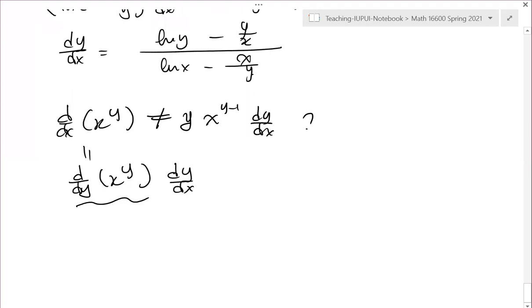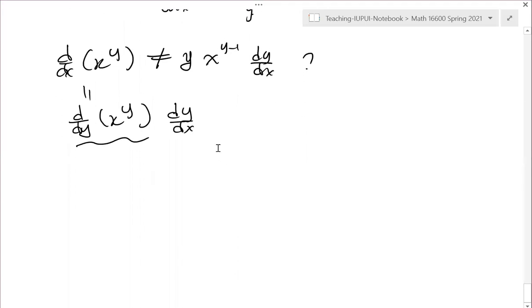So every step you go, you have to think about what algebraic rule you can use. All right. So let's take a look at the problem from the book.